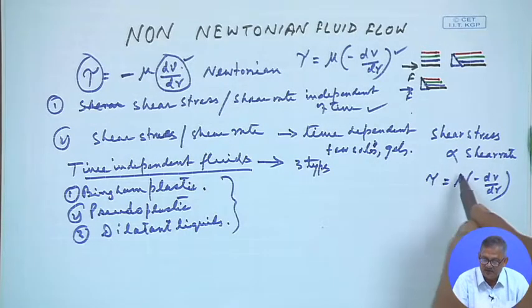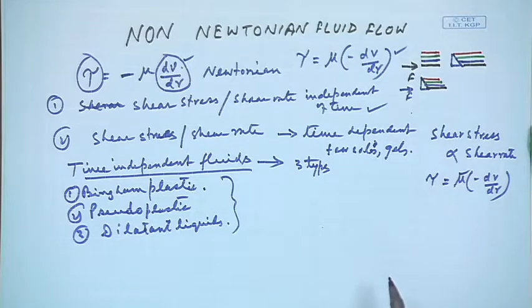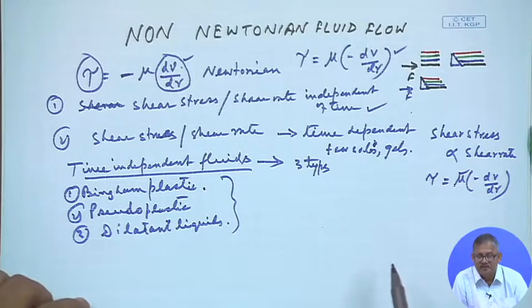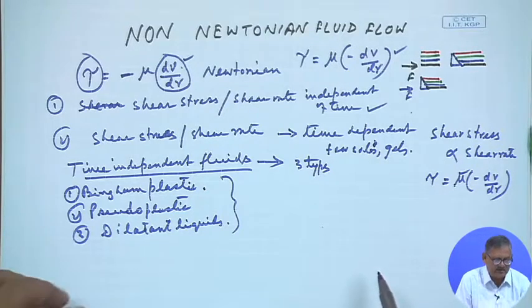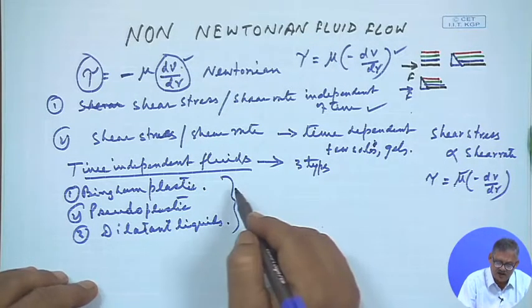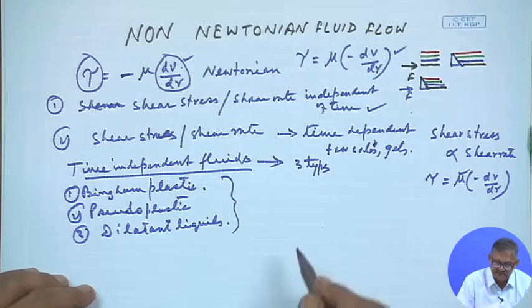And the proportionality constant, normally denoted as mu, is the viscosity, right. So, now as we said, Bingham plastic is unlike Newtonian fluid.